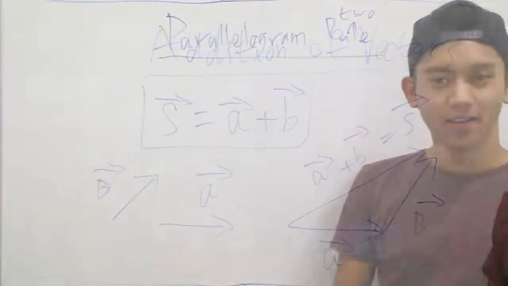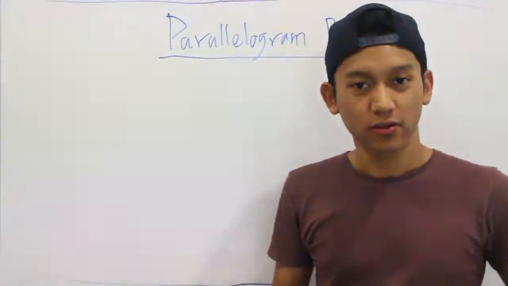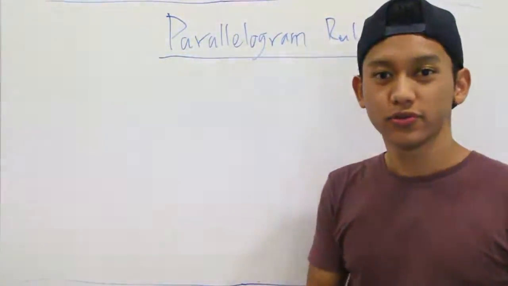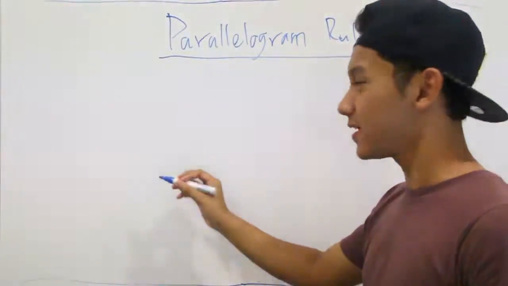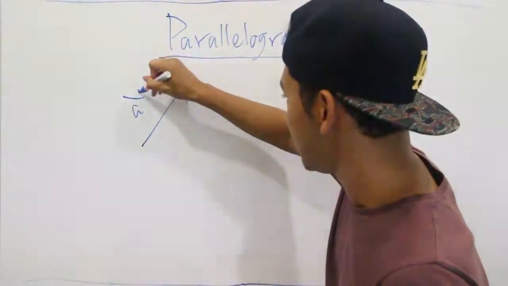Alright. Now we're going to talk about the parallelogram rule. You can also use this rule to add 2 geometric vectors. Let's say we got vector A. Vector A looks something like this.